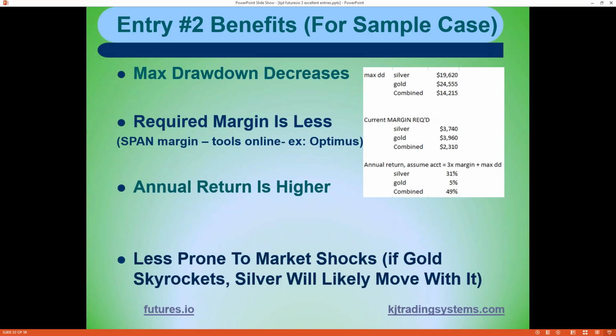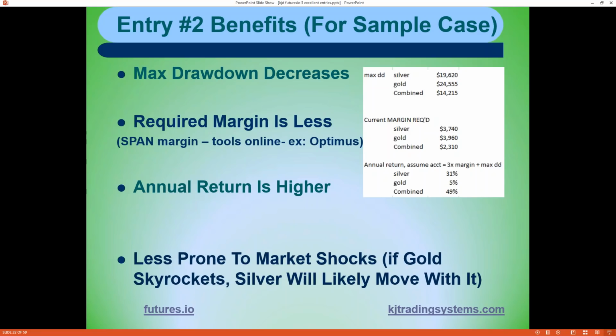But if you think about it, anything that's related that should sort of move together, that's where they're giving you the benefit of saying, well, hey, you're sort of flat, you're long gold and short silver, so you don't have as much risk, and it gives you some benefit.